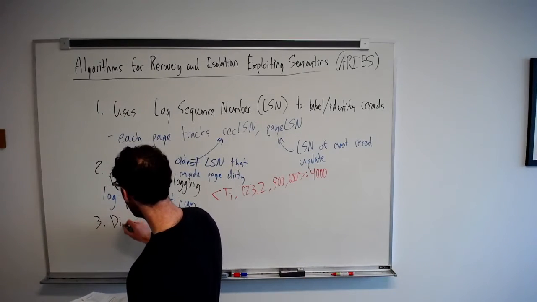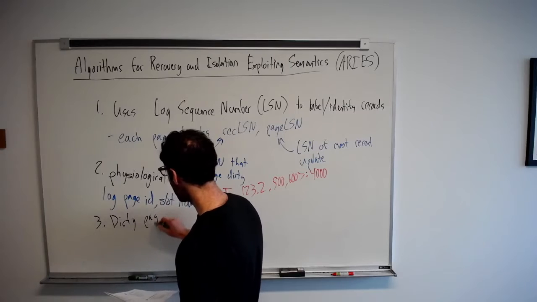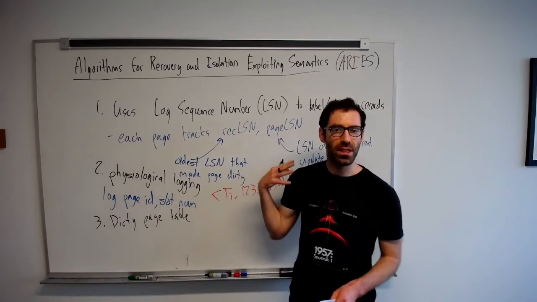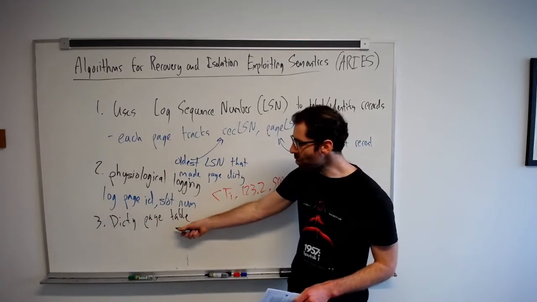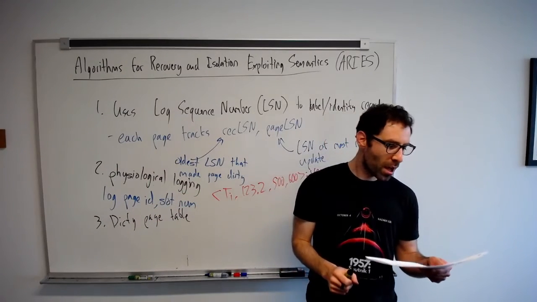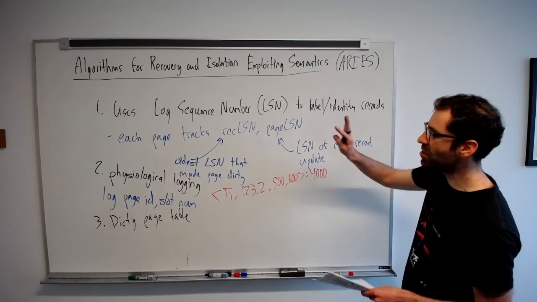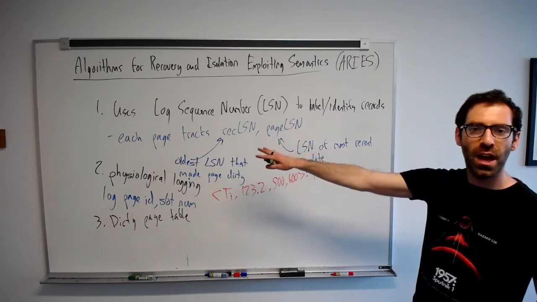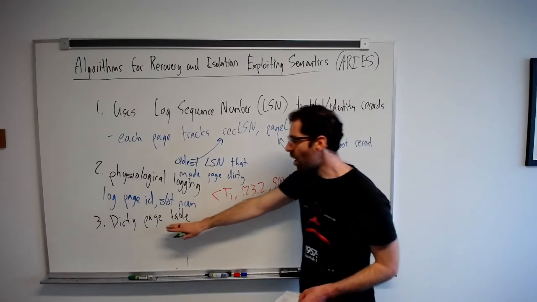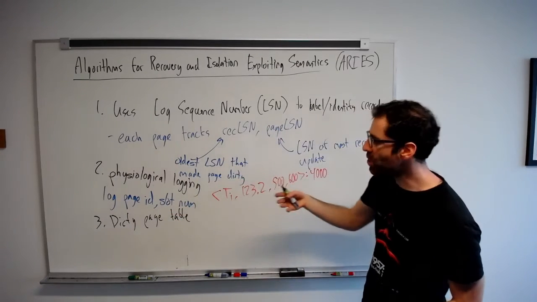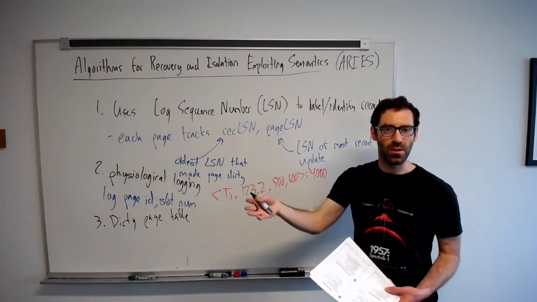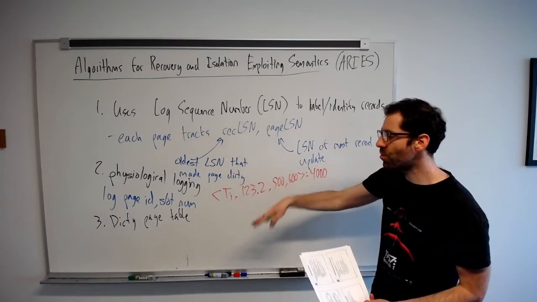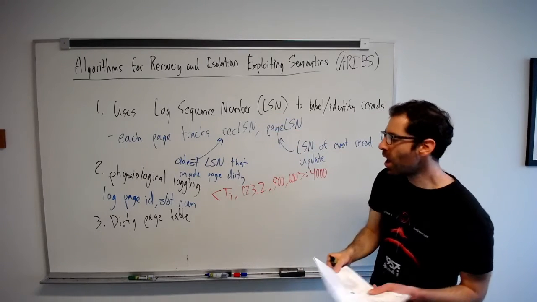For Aries, we're going to maintain this separate data structure called a dirty page table. This is distinct from the page table in the buffer pool. This is just a different map, a different hash table, where we're going to keep track of the pages that were dirty at the time of a checkpoint, as well as ones that we can see were made dirty by updates following a checkpoint.